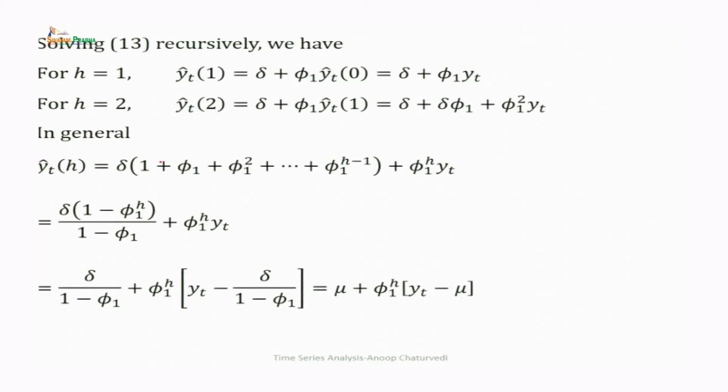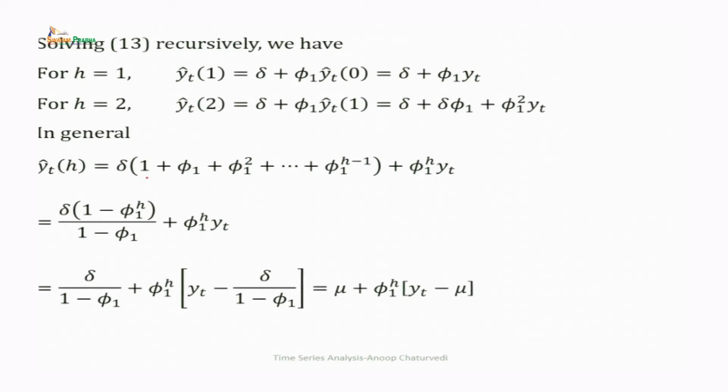In general, after moving h steps, you obtain y hat t h equal to delta into 1 plus phi 1 plus phi 1 square, and so on up to phi 1 to the power h minus 1, plus phi 1 to the power h y t. So, this is the h step ahead forecast.